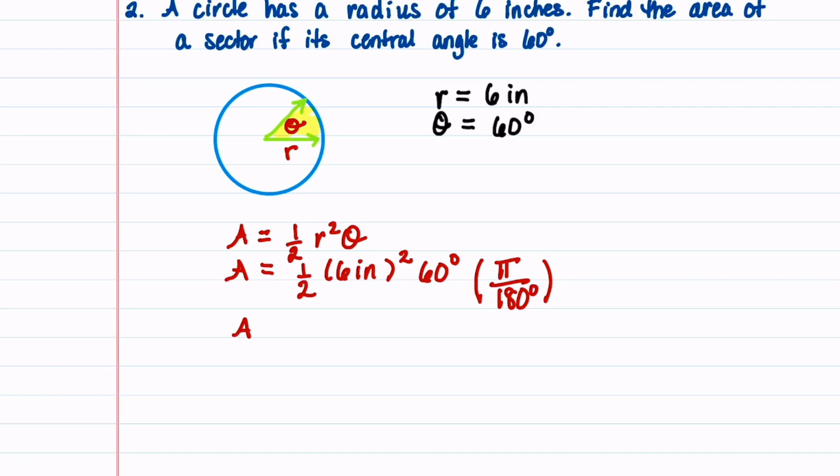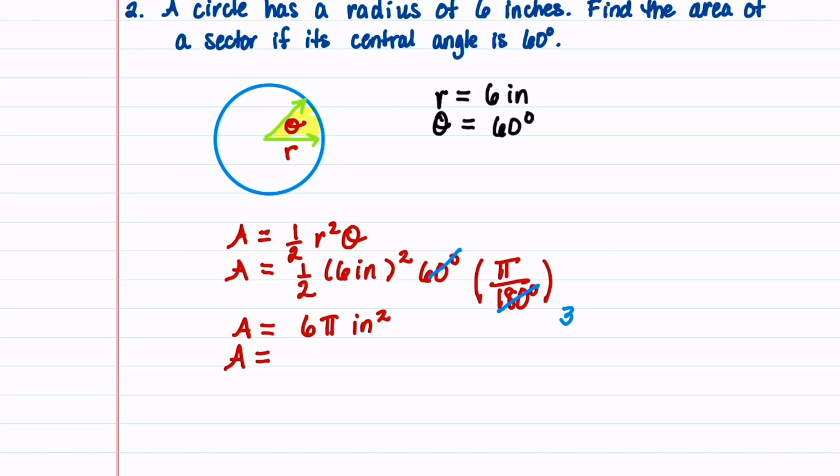It looks like our 60 can go into our 180 3 times. And then on the bottom, we're going to have a 6, and on the top we have a 36. So this ends up being 36 divided by 6. So this is 6π inches squared.